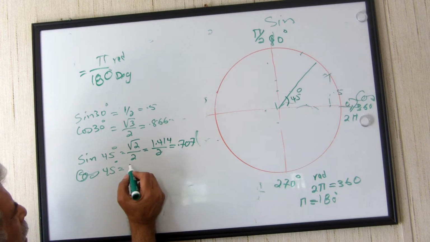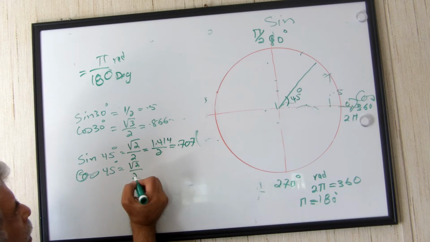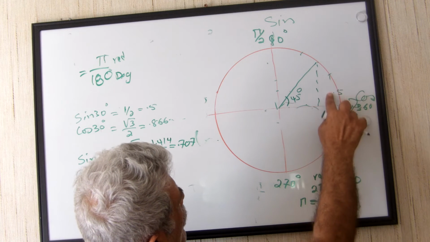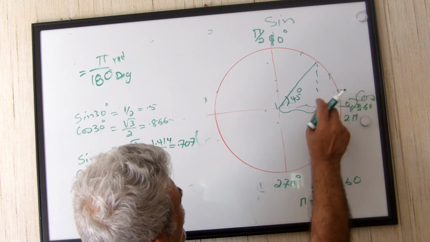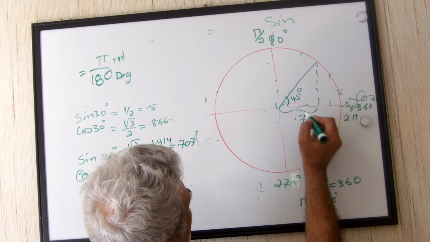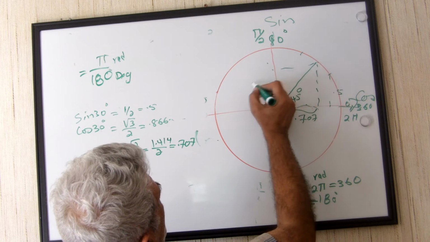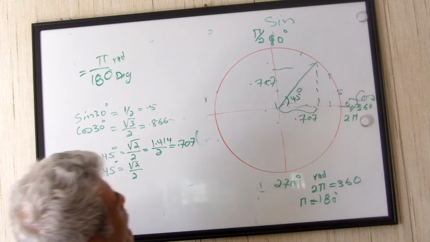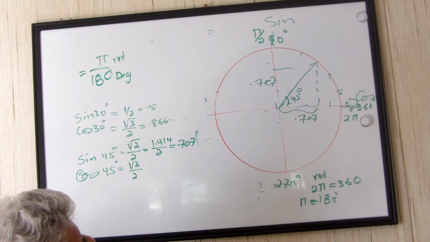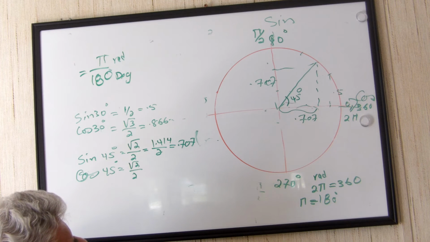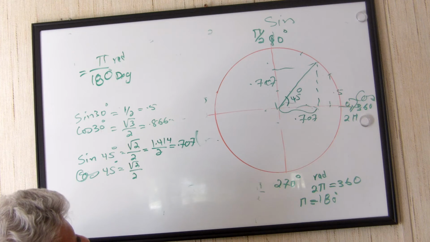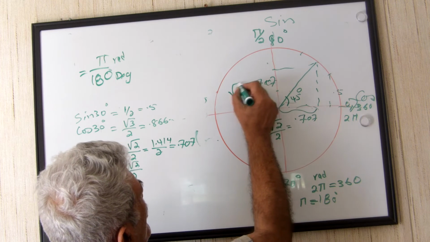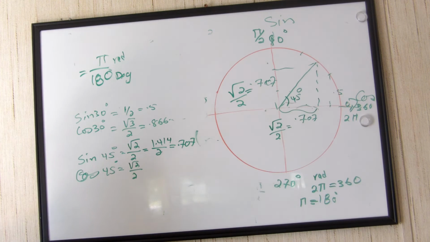Cosine of this is going to be exactly the same, because the cosine component from here to here is 0.707, and from here to here is 0.707, because this is 1, and about 70% of that is the sine or cosine of 45. The exact number is this one.